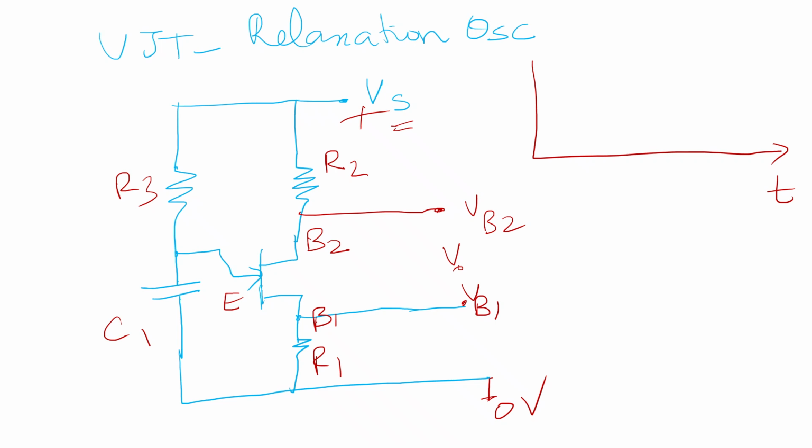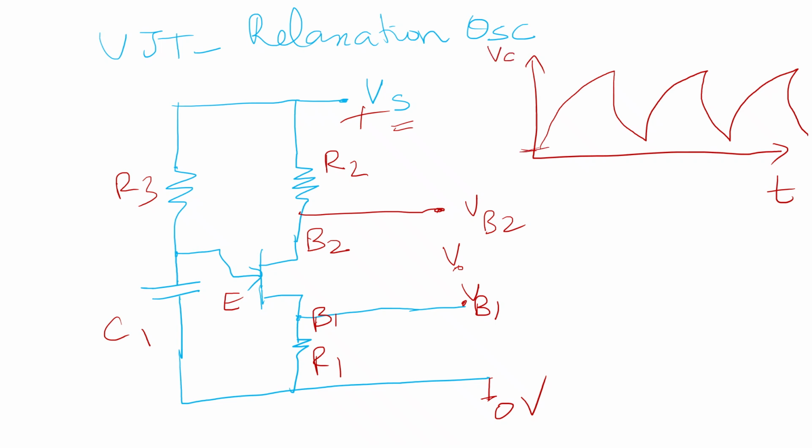Initially, the output voltage remains at 0, and then it reaches a maximum point, falls down, reaches a maximum point and falls down again. This is because of the charging and discharging of the capacitor, as we discussed, the voltage across the capacitor.